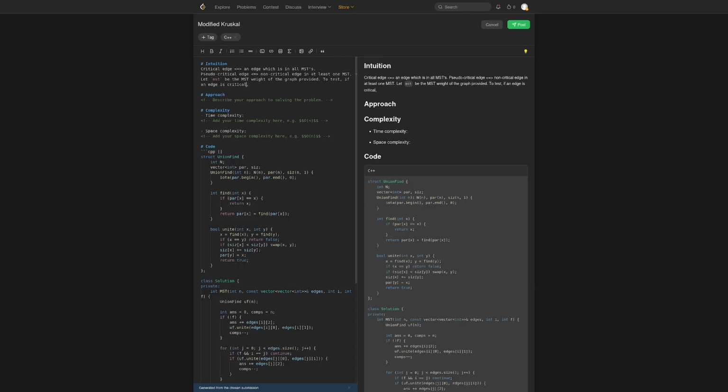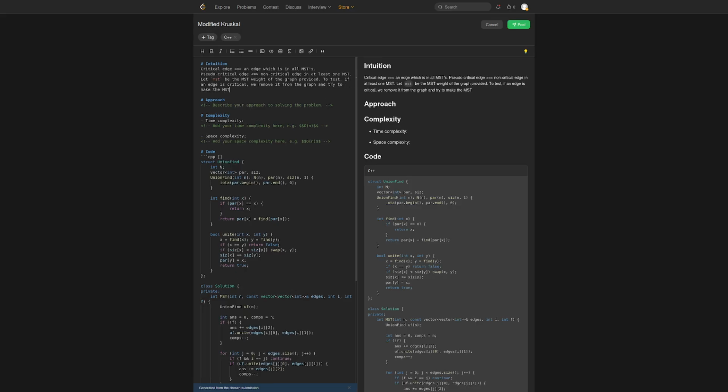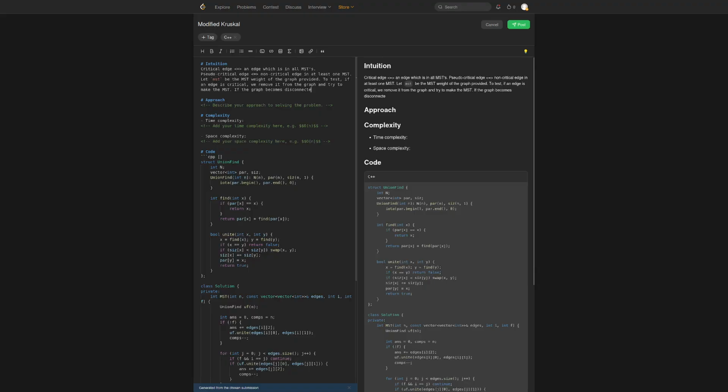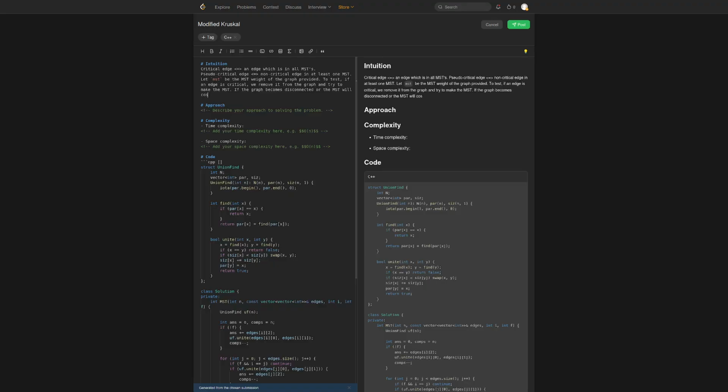To test if an edge is critical, we remove it from the graph and try to make the MST. If the graph becomes disconnected or the MST will cost more, it is a critical edge.